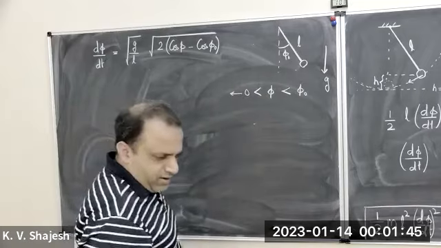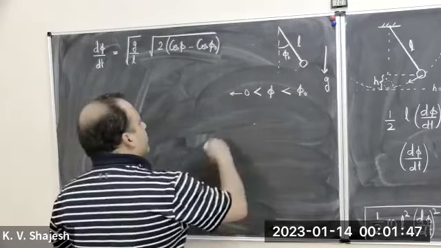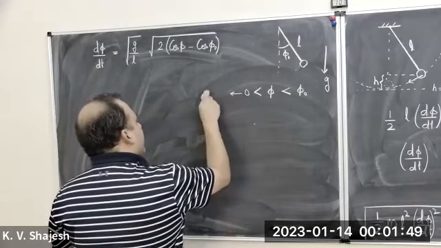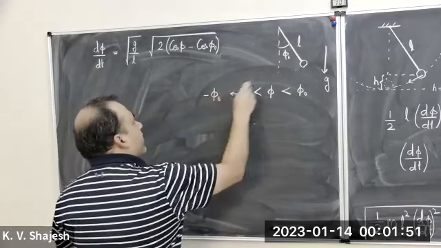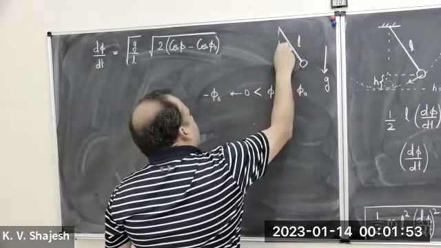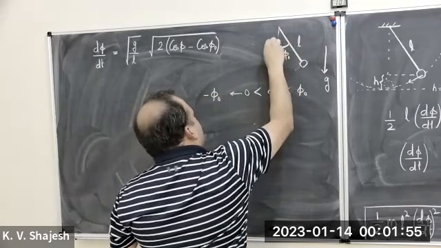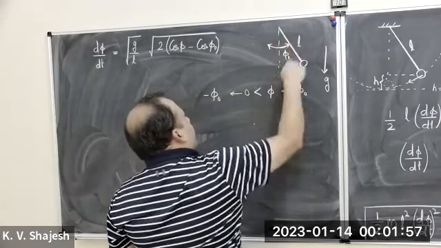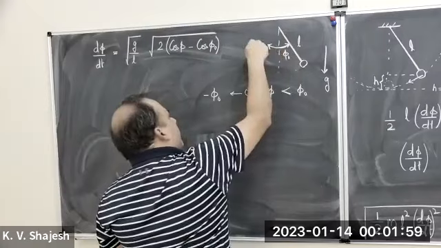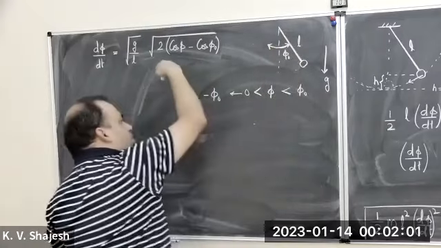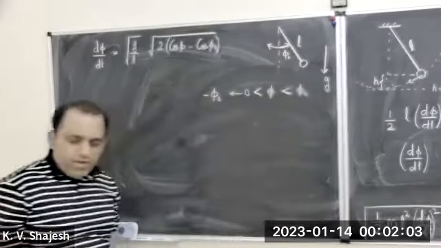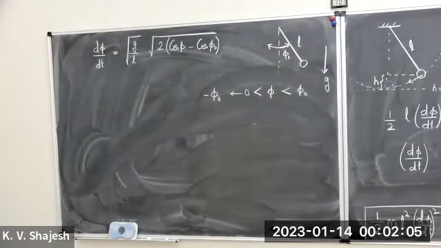So how do I write that? It says 0, and somewhere on here is minus phi naught, right? So it goes down here and then comes back: phi naught, 0, minus phi naught, 0, and phi naught. You go all the way to minus phi naught and come back to phi naught, and that's what will be the time period.